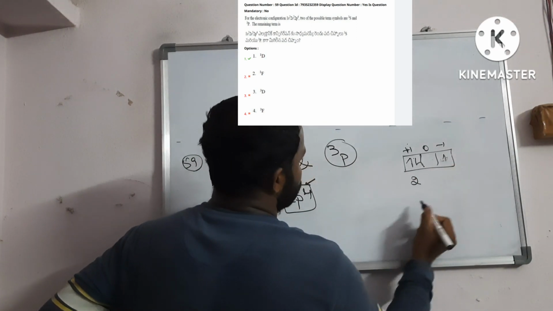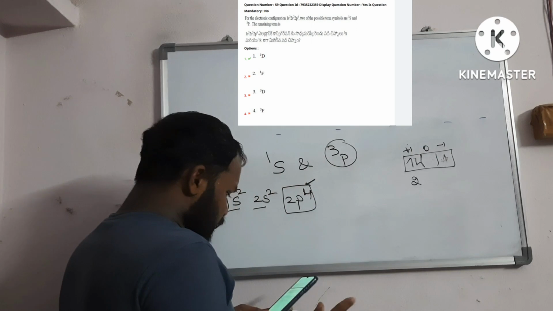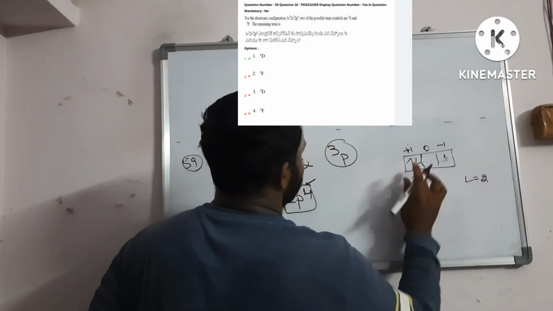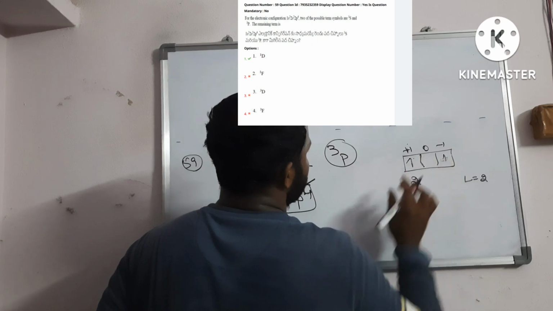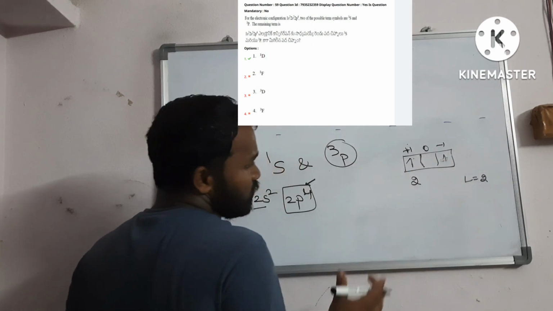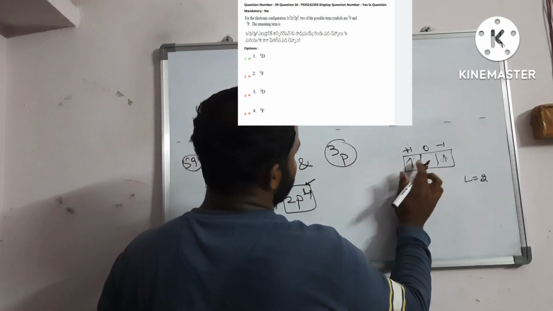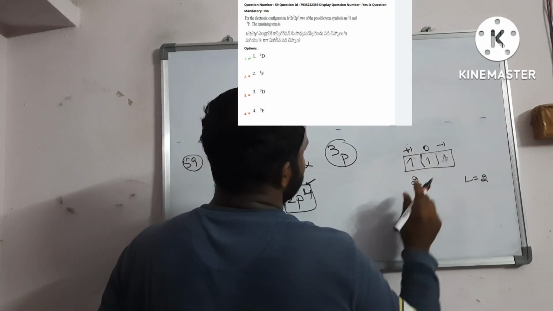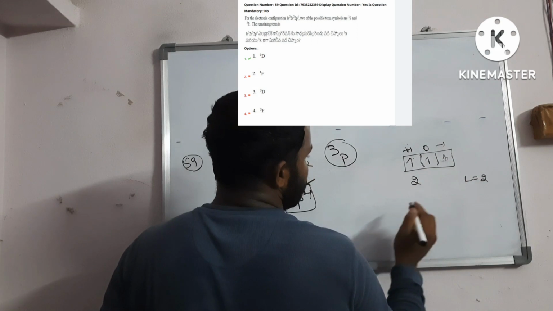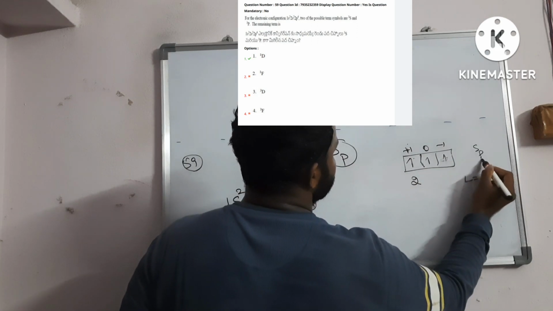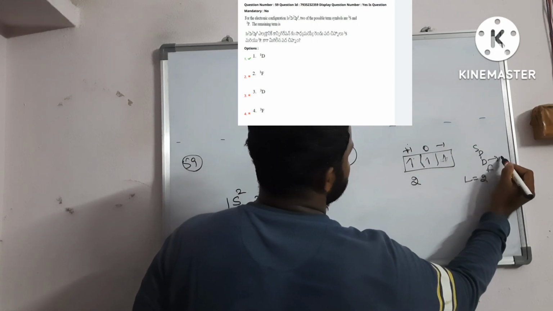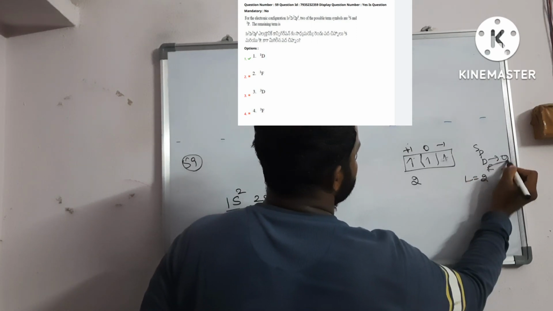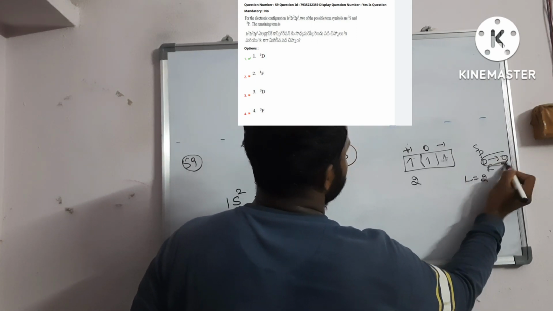So what is the L value? 3 possible terms are there. We have 4 electrons: I am writing 1, 2, 3 here, and the 4th here also. For L value, S, P, D, F: L equal to 2 means the term is D.